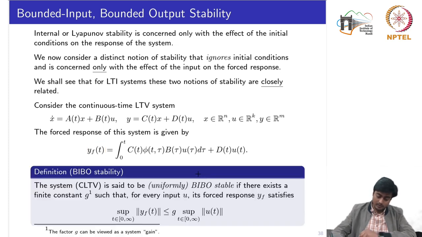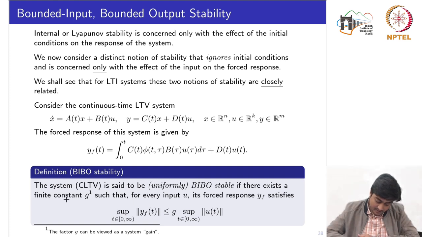The definition of BIBO stability is given as follows. The continuous time linear time varying system is said to be uniformly bounded input bounded output stable if there exists a finite constant G. You can consider the factor G as a system gain, such that for every input U, its forced response Y of F satisfies this inequality.